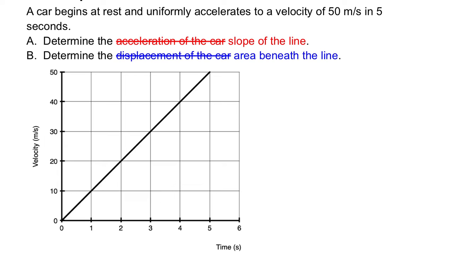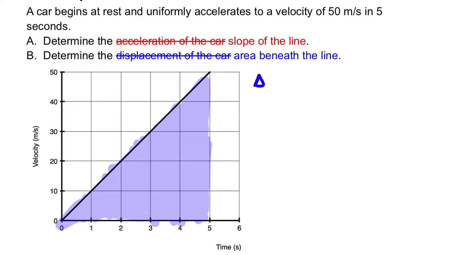So if you were to take a look at the area that is caught in between the data and the time axis and the time in question, so from 0 seconds to 5 seconds, this is the type of shape that we get, okay? So in the constant acceleration unit, we did have to solve for the area of a rectangle. In this unit, we've got triangles to deal with.